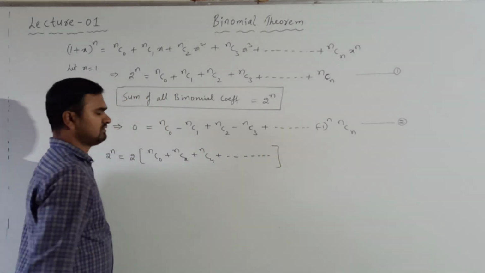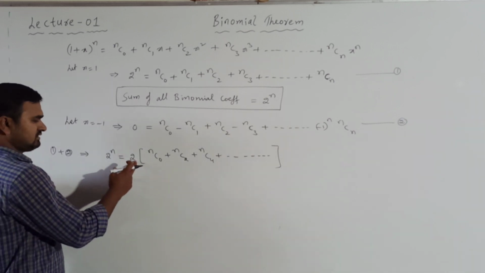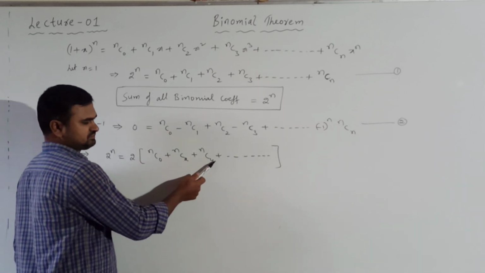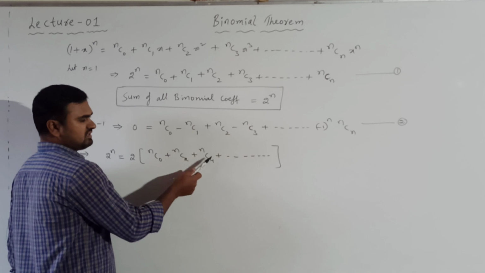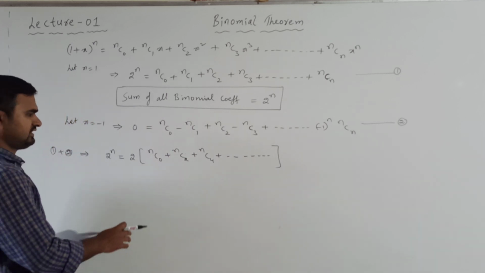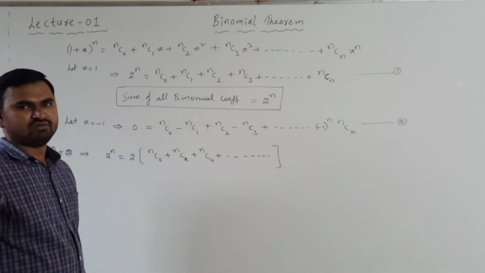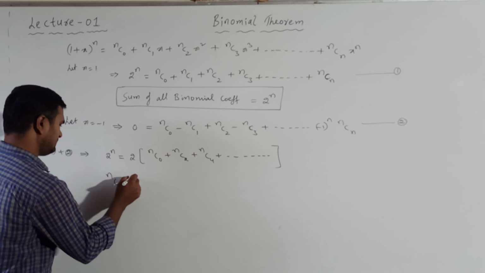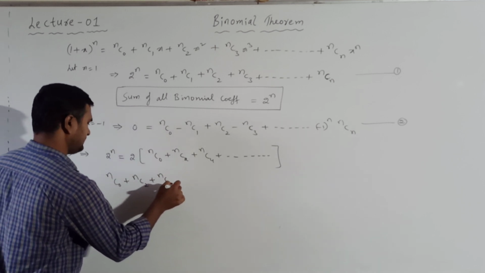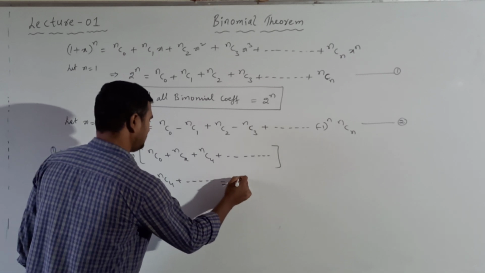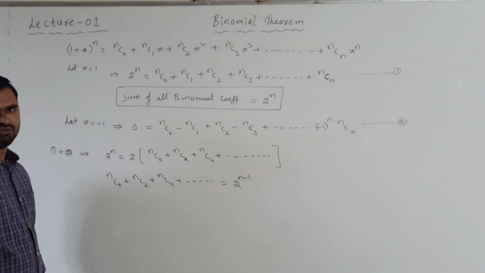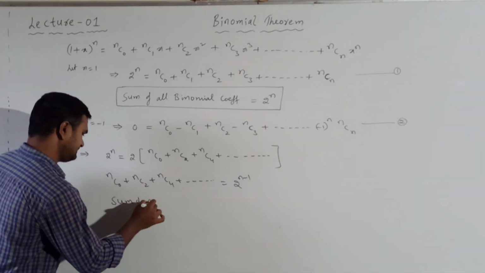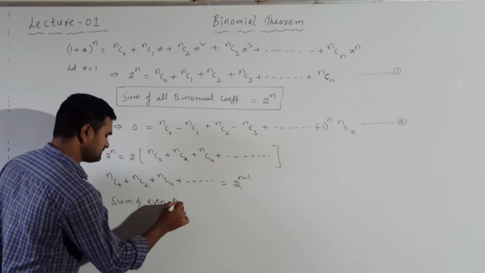Again depending on n, we get the last terms. Now dividing by 2, we get 2 power n minus 1. Now what are these coefficients? These are even binomial coefficients. So we can add one more formula for sum of even binomial coefficients. Okay. So this nC0, nC2, nC4 and so on, it is 2 power n minus 1. Dividing 2 power n by 2 is 2 power n minus 1. So this is the sum of even binomial coefficients.